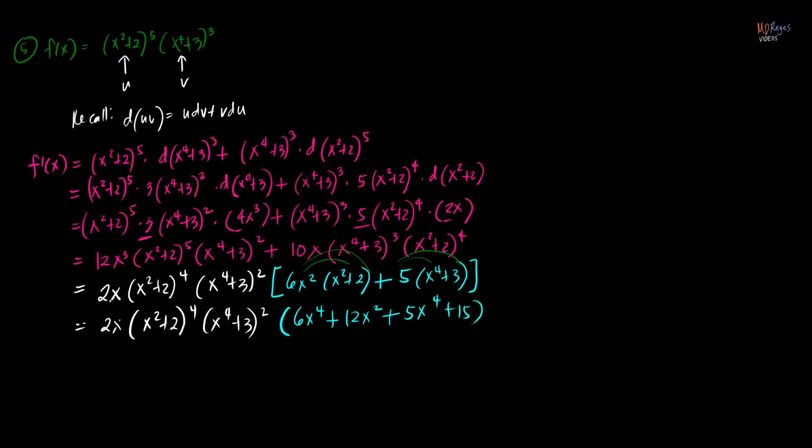And then combining like terms, these two are like terms, we'll have the final answer. The final answer: 2x times x squared plus 2 to the fourth times x to the fourth plus 3 squared times 6x to the fourth plus 5x to the fourth is 11x to the fourth.